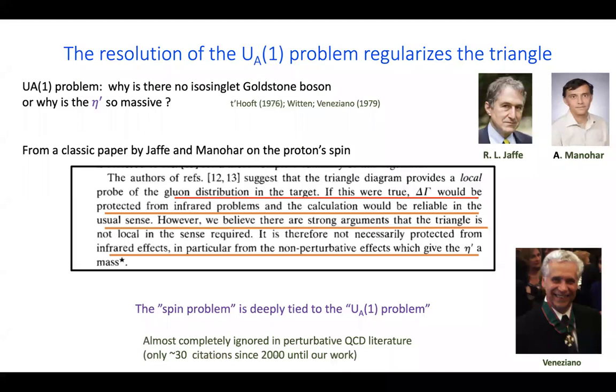And what is remarkable to me, and I'd never worked on this problem before, so I started working on this during the pandemic. I'd never thought about spin at all before. And of course, you know, Venugopalan is a giant in physics, as you know, and to my shock, his work was completely ignored by the entire perturbative QCD literature. So his most cited paper had only 30 citations since 2000. And our paper was one of the first papers in 12 years to cite his paper.